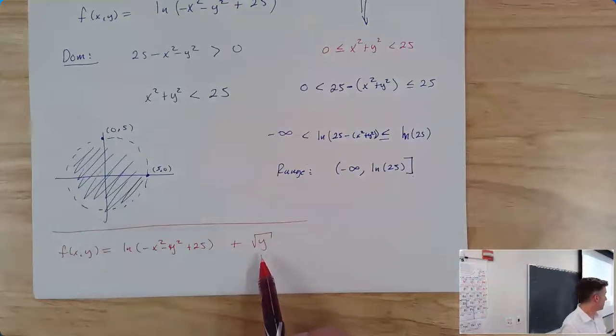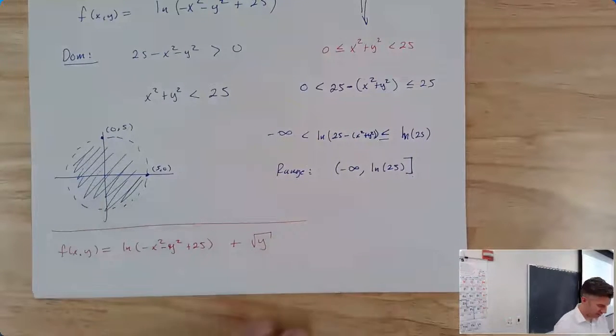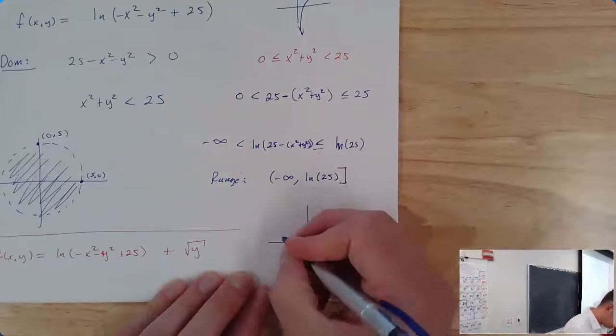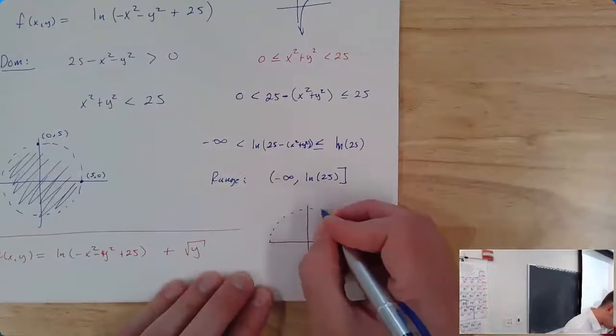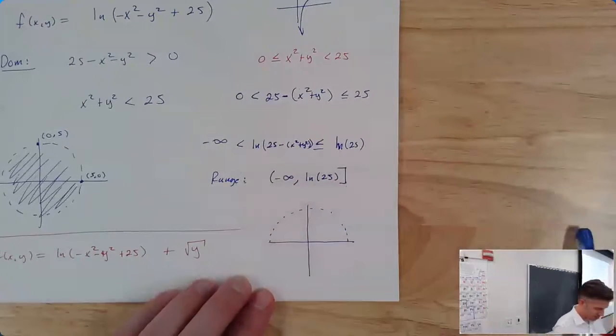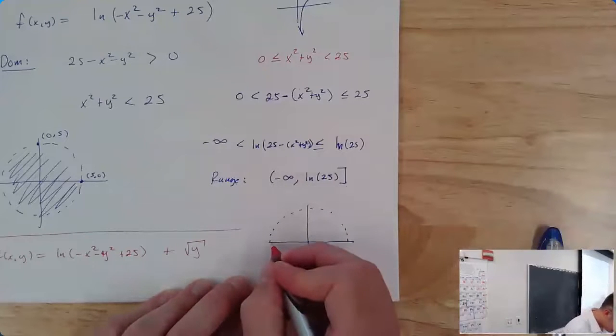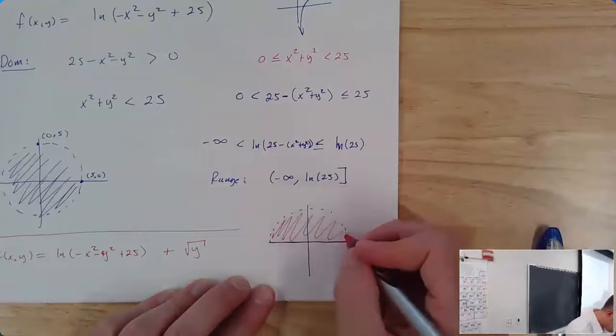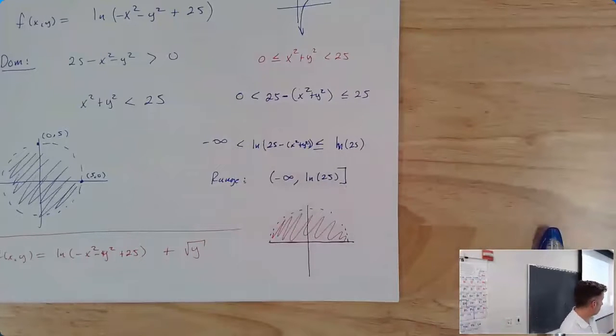Right, y has to be greater than or equal to 0. So the domain for this one would look kind of even extra funky. I'm still missing the circle, but I want everything inside of it, but I don't want y to be negative. So I'm going to get this border here and all the stuff in here. That would be our domain for that function. The level curves, no.